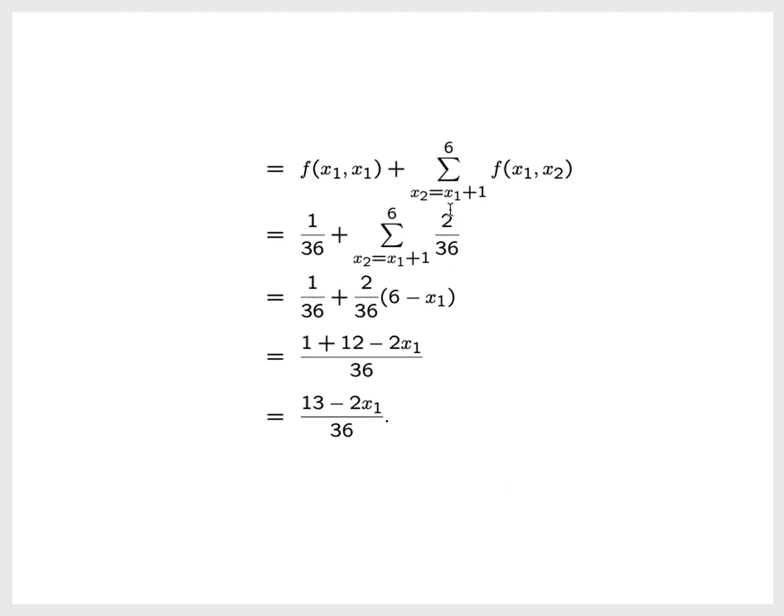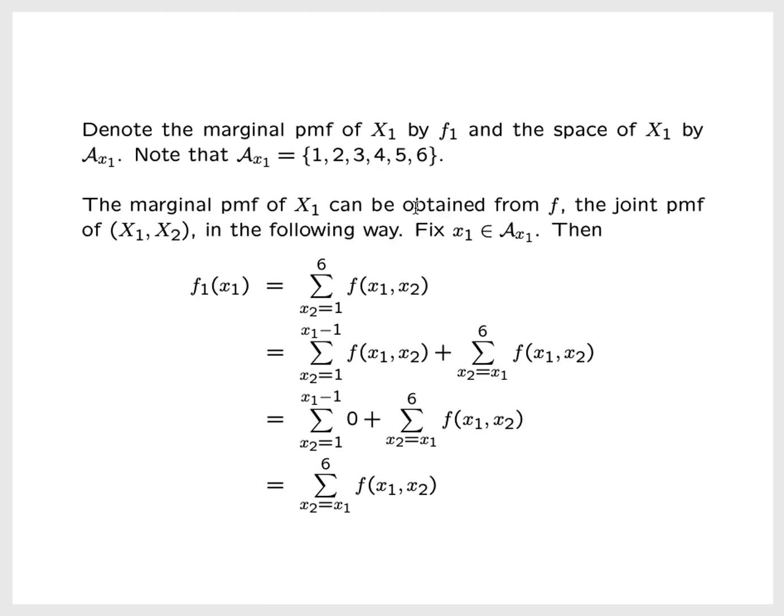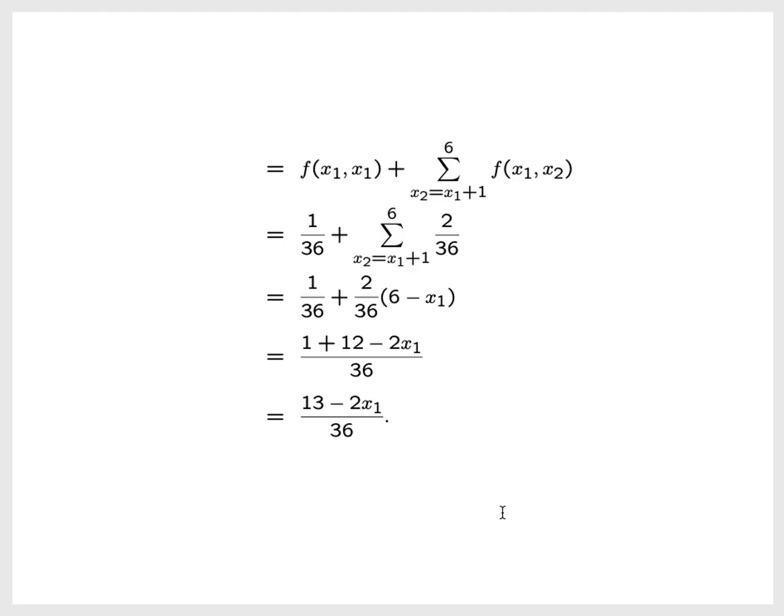Now we can decompose that one more time. I'm going to go back here. We're going to decompose this sum into two pieces, where X2 is equal to X1, and then the sum where X2 starts at X1 plus 1 and goes up to 6. And so that's what we're doing here. The reason we're doing this is because when X1 and X2 are equal, and they're both one of the integers 1 through 6, then the PMF evaluates to 1 over 36, as we saw.